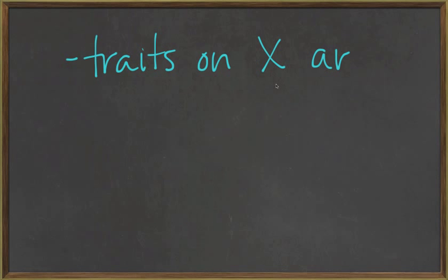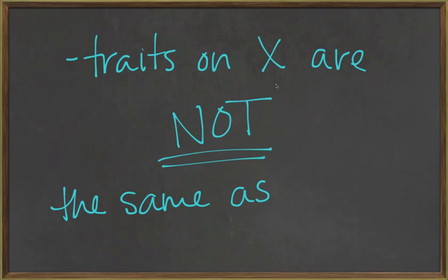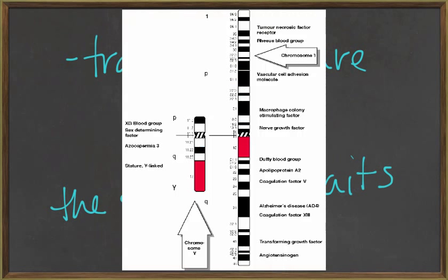Even though these two pair up, they are considered to be homologous. Traits on X are not the same as traits on Y. They are very, very unique. In the picture that you're looking at again, I have tons and tons of different traits on my X chromosomes, mainly because every single person on the planet has to have an X. You can't get away from having an X chromosome.